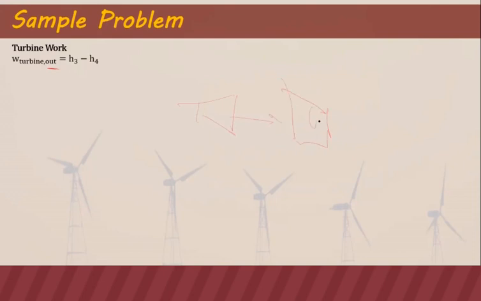So our generator is the one that generates electricity, and will go to the transformer and distribution hubs, going to our residences and homes, and that's in the scope of electrical engineering. That's why we will not deal with that one so much. For the turbine output, that's H3 minus H4.